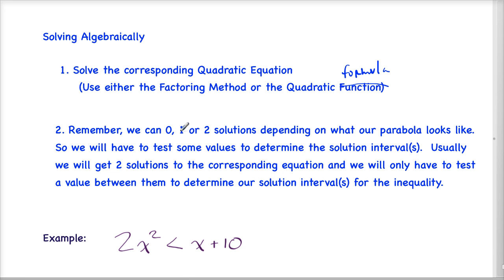Now remember, when we're solving a quadratic equation, we can get 0, 1, or 2 solutions depending on what the parabola looks like, right? 0 real solutions means that the parabola is entirely above the x-axis or entirely below and doesn't cross it, so that would be just imaginary numbers. We get 1 solution if the vertex sits right on the x-axis, either opening up or down.